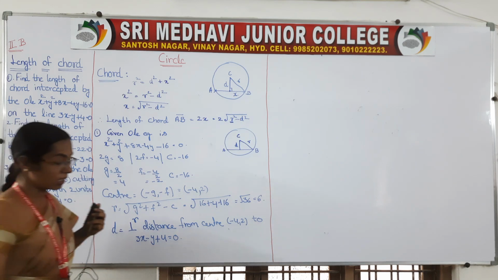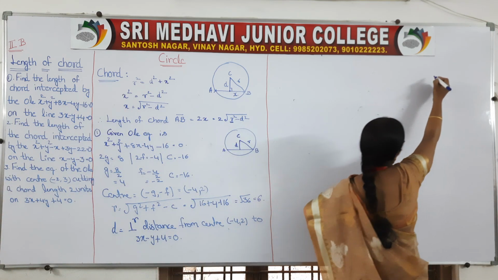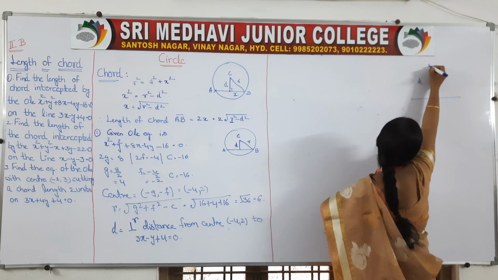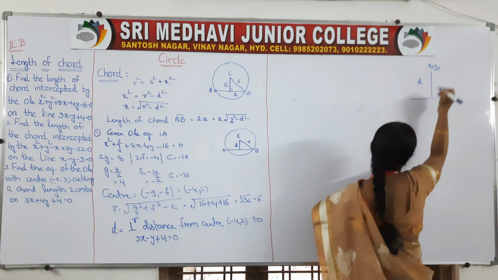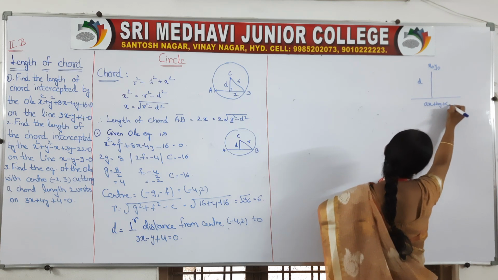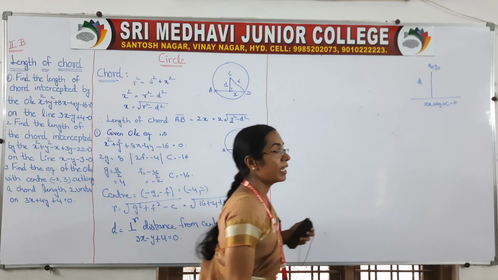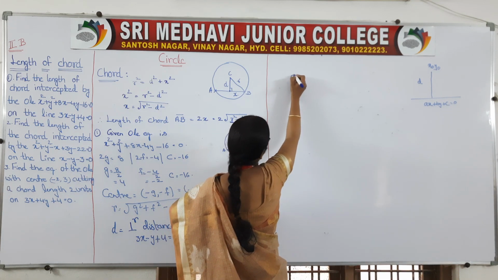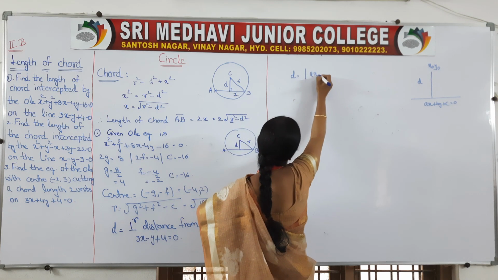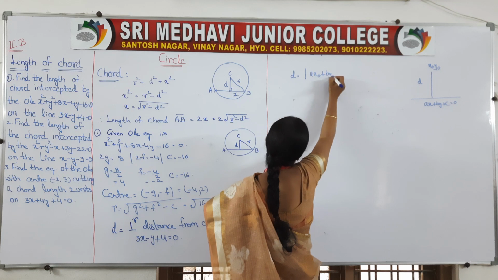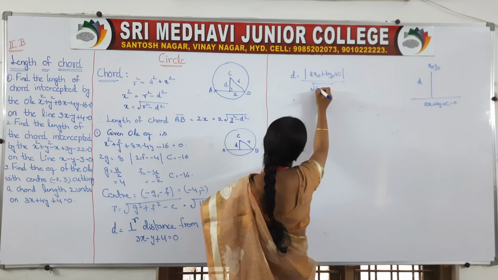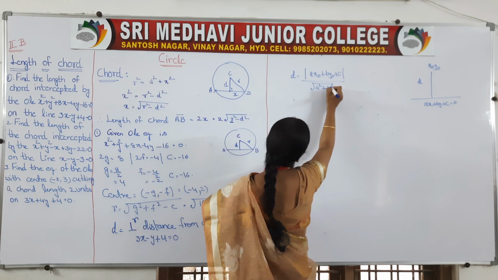You know from your first year knowledge, if we want to find the perpendicular distance from x naught, y naught to the line ax plus by plus c is equal to 0, then your formula d is equal to, what is the formula? Modulus of ax naught plus by naught plus c by root of a square plus b square.